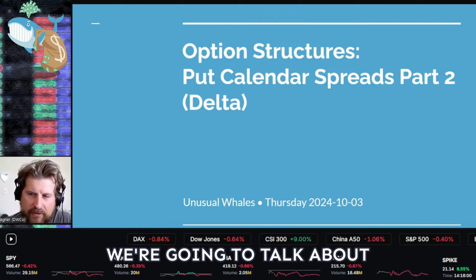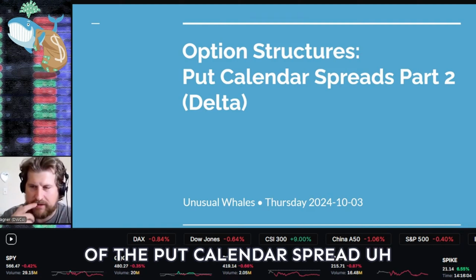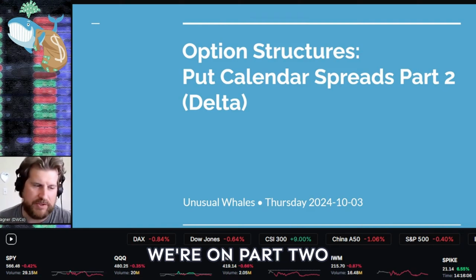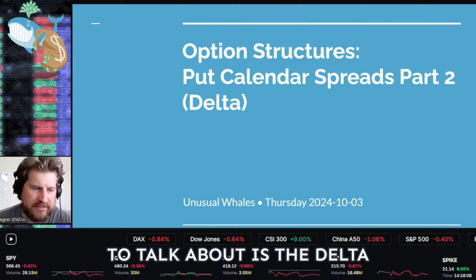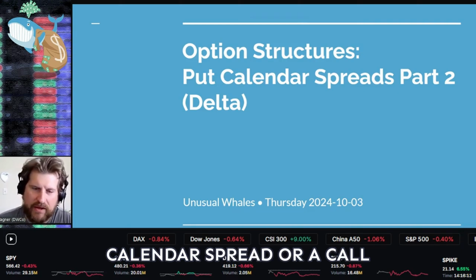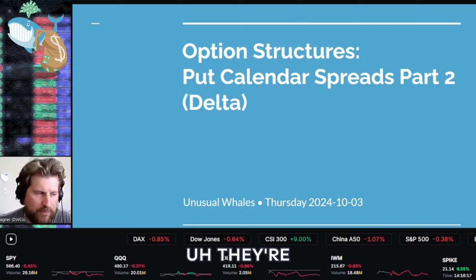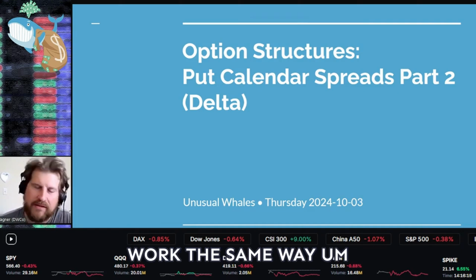Today we're in the context of the put calendar spread structure. We're on part 2, and what we're going to talk about is the delta associated with a put calendar spread or a call calendar spread, because they're both going to work the same way.